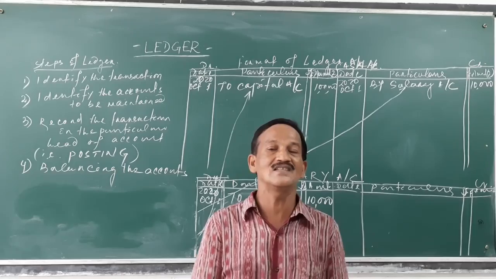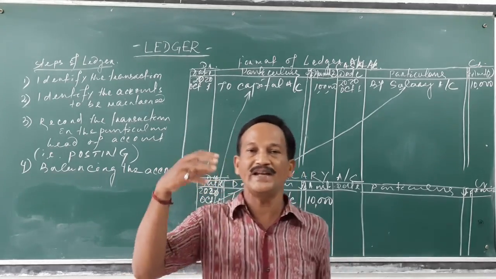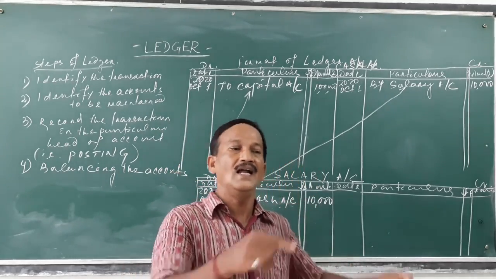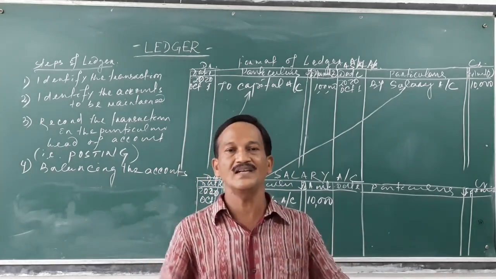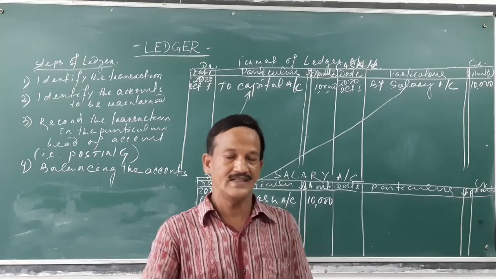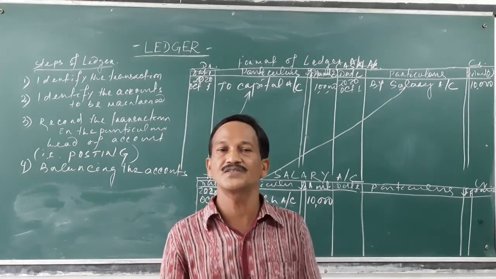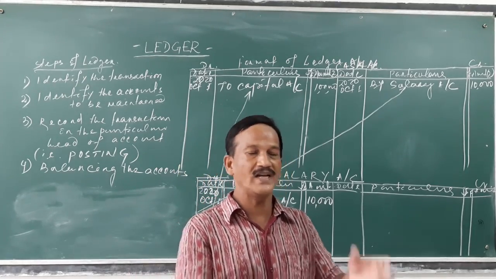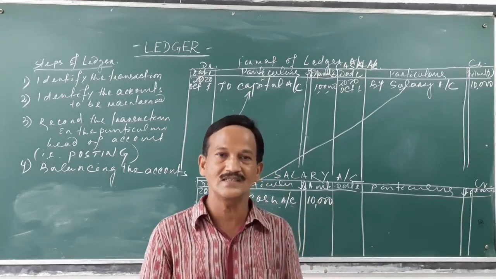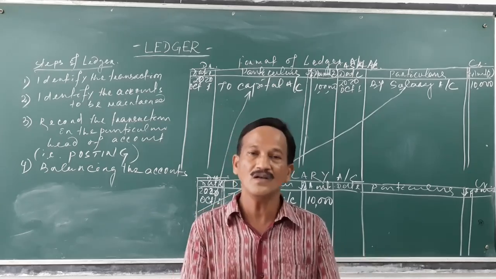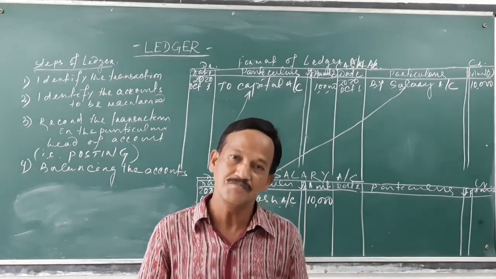Because the ledger is the basis for preparing your trial balance, and from the trial balance we will prepare the financial statements, that is the trading profit and loss account and the balance sheet, to find out the results of the business, that is the profit or loss or financial position of the business.